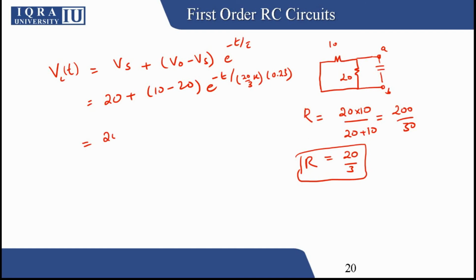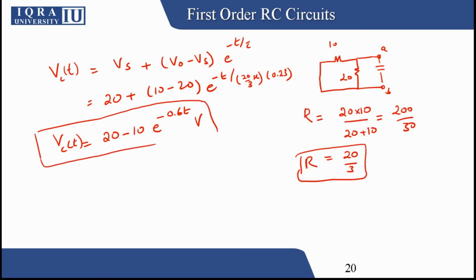So we can say 20 minus 10 e power minus 0.6t volts, and this is the voltage across the capacitor when it moves from position 0, when the switch is open. This is the equation of the capacitor. Then how does the capacitor voltage change?